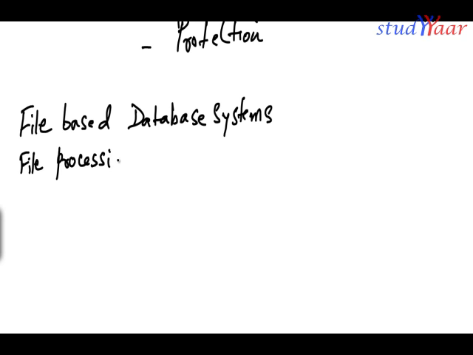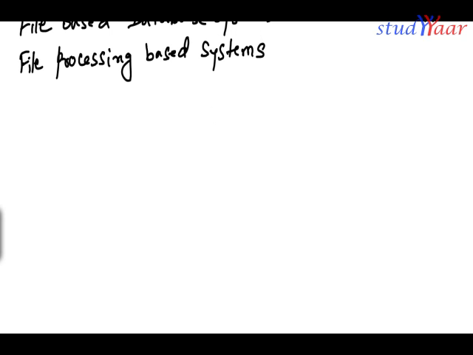Also called file processing based systems. Okay? So we process the files to retrieve our information from the database. Let's just take a look at what these actually are, okay?